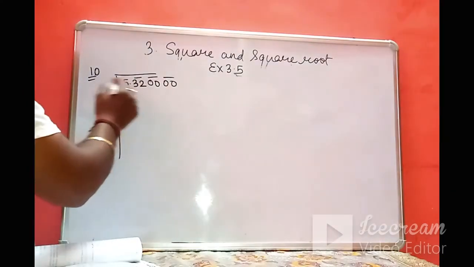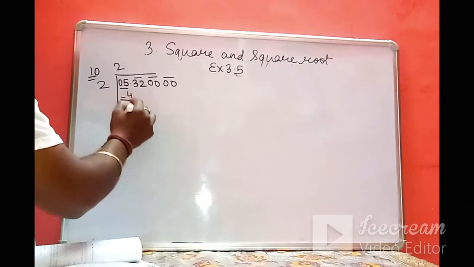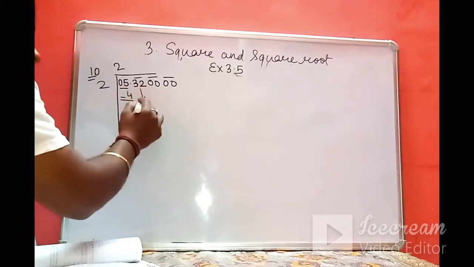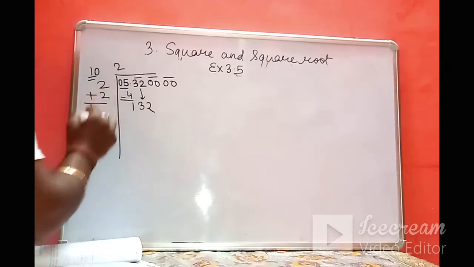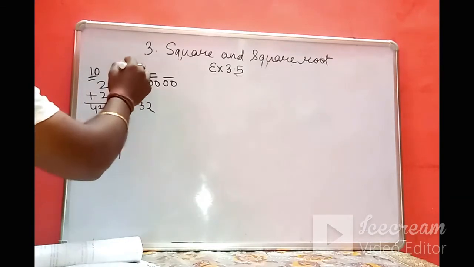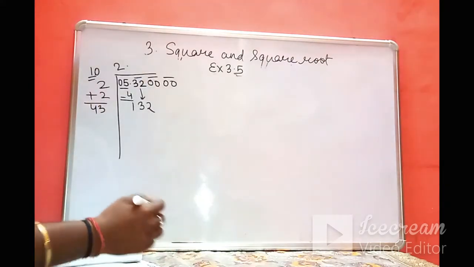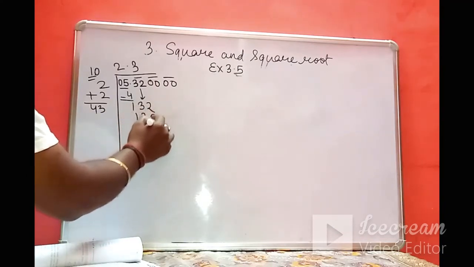Then 5, that is 2 into 2, 4. So it is 1. Then this 32 will come here, 32 plus 2, it is 4. Then I will take 3. So I will put a decimal here. And it is 3. So it is 129.